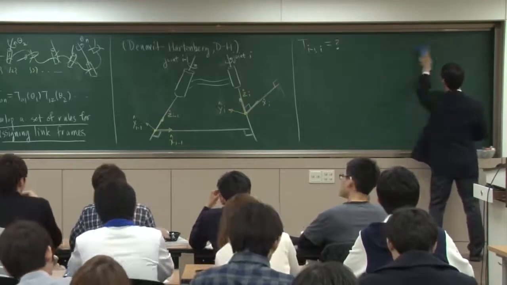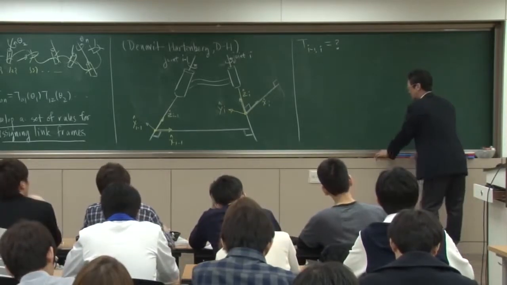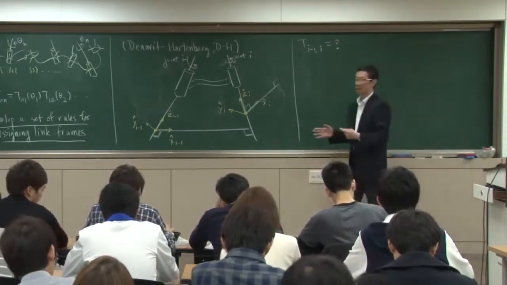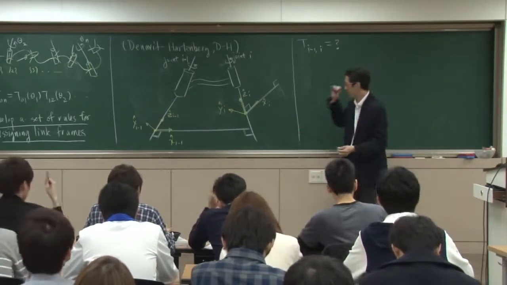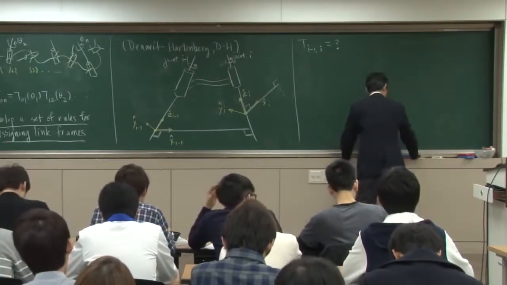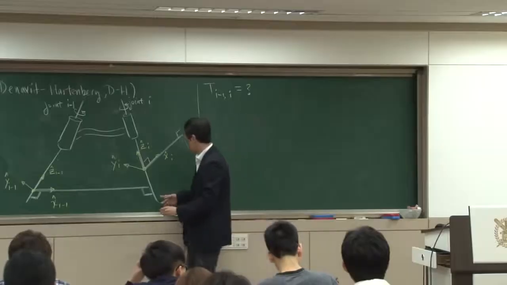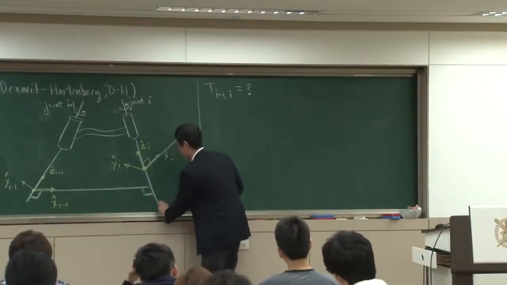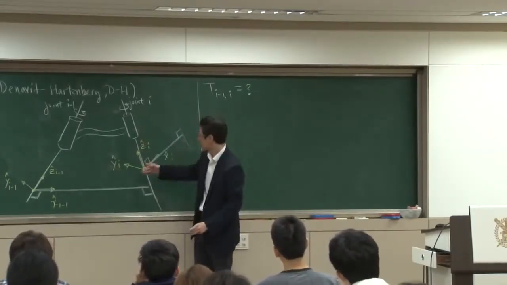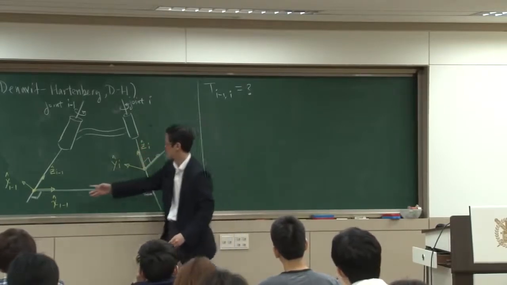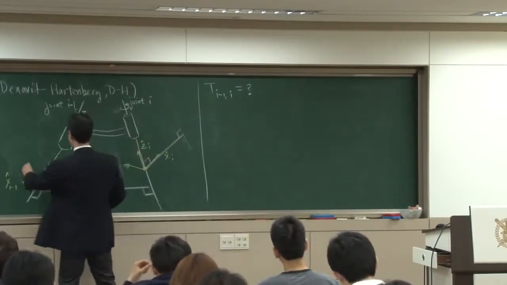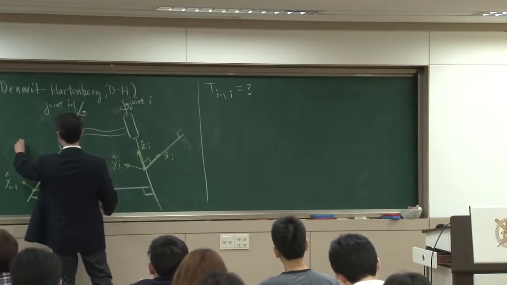To do that, I'm going to draw some intermediate frames. The first thing I'm going to do is draw a line that's parallel to this axis, but over here. So let me draw this line.